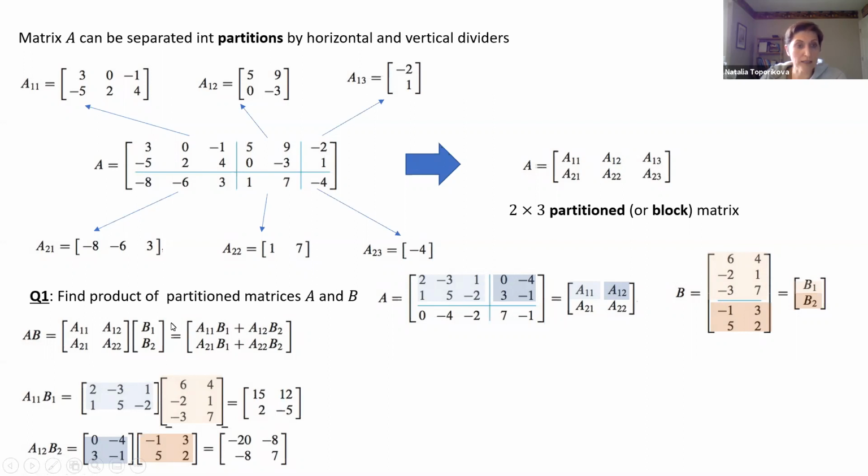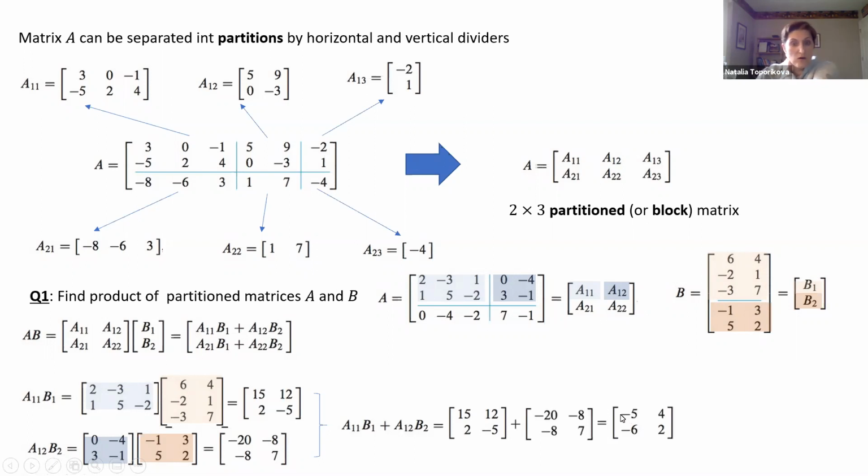Now, to find the top element of our product matrix, we have to add those 2 matrices together. So the top row of the resulting matrix will be equal to A11B1 plus A12B2, which is the sum of 2 matrices put together. Okay, and that was only the top part of our product, but that's good enough.